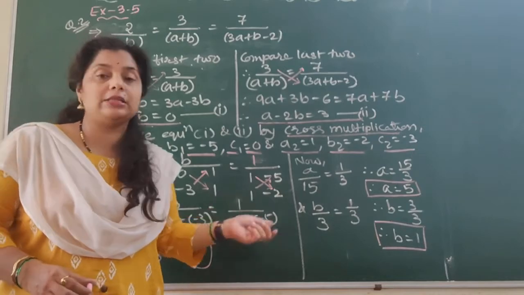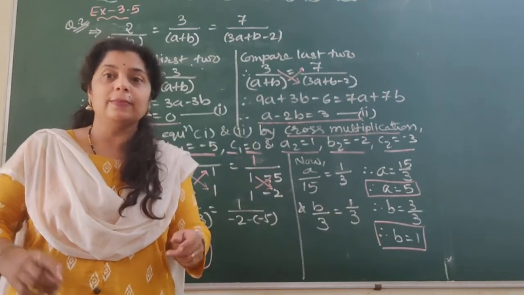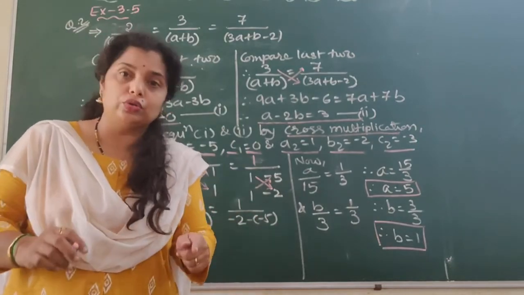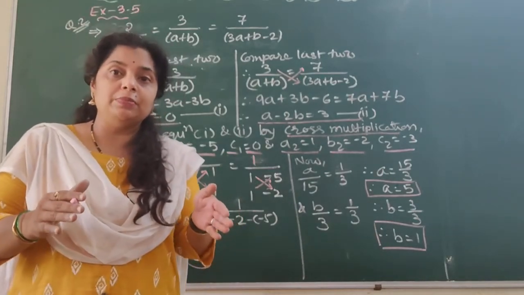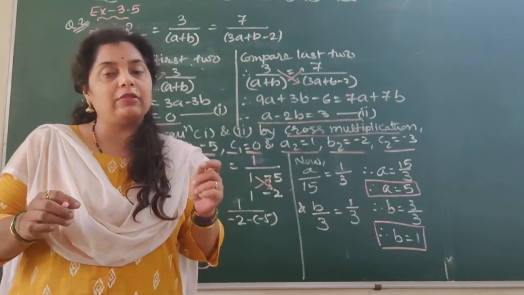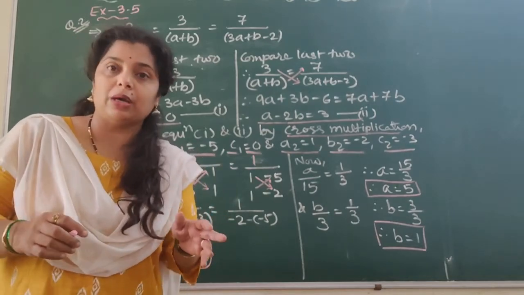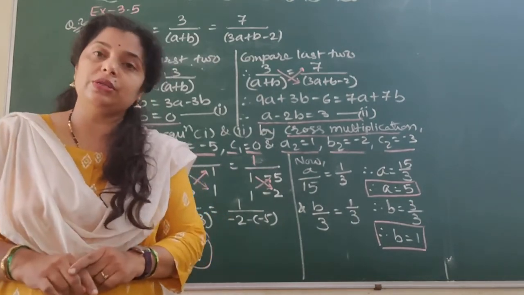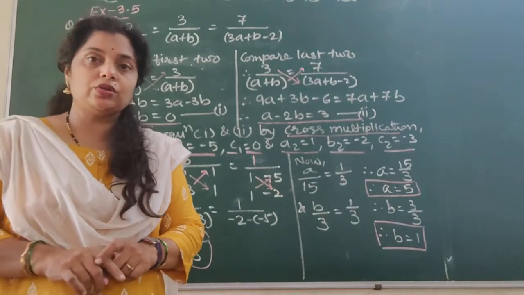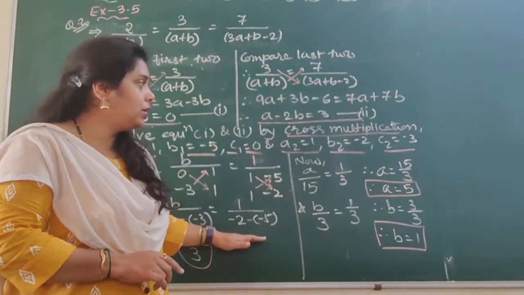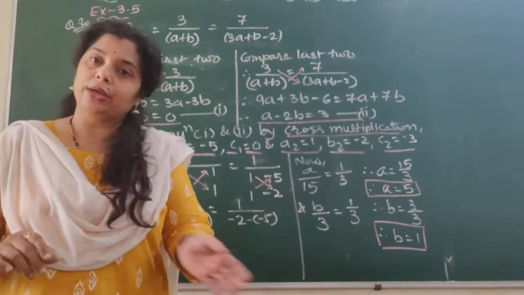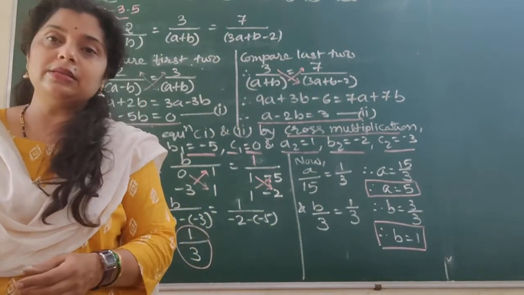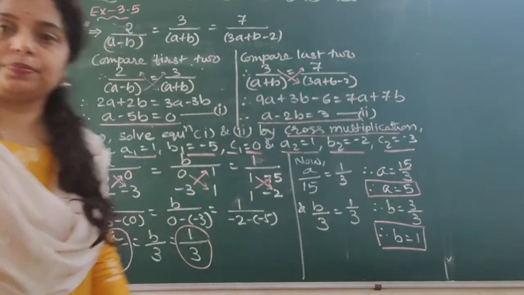In the previous case there were infinitely many solutions and now in the next there is no solution. So no solution means A1 by A2 is equal to B1 by B2, not equal to C1 by C2. After these steps, I hope you can do the second sum yourself.